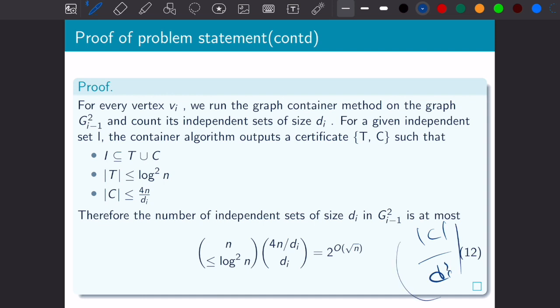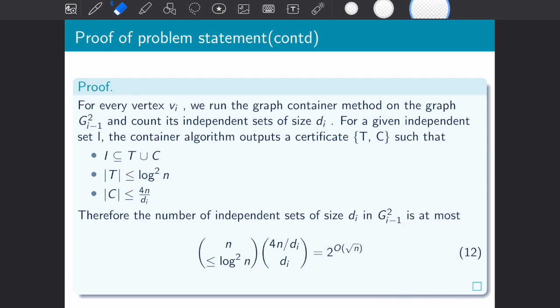This will be our number of ways to select our independent sets for a given vertex vi. And the cardinality of ci is less than or equal to 4n by di. So if we substitute that, this is the whole result we get, and this value is in the order of 2 power root n.